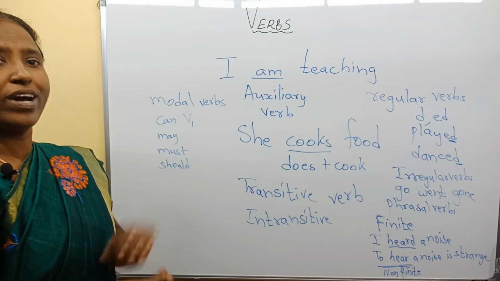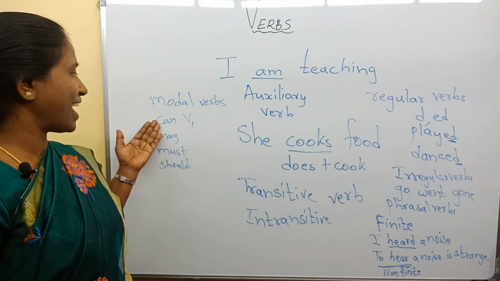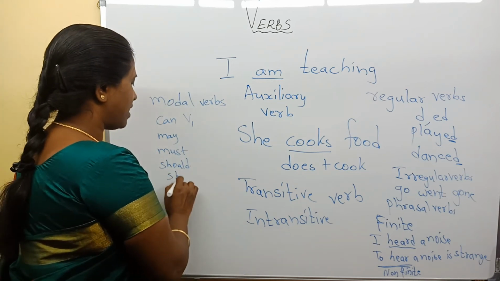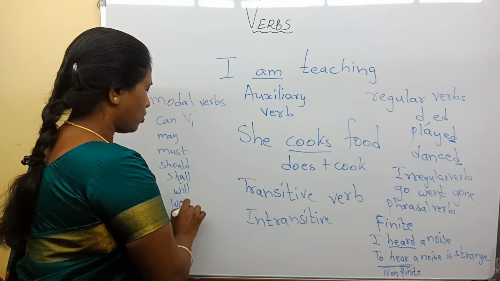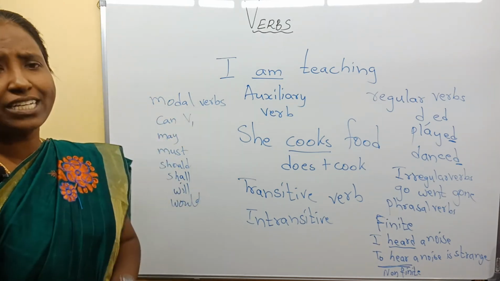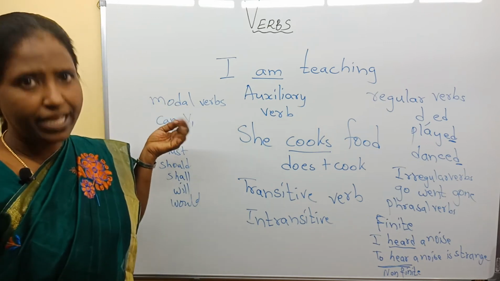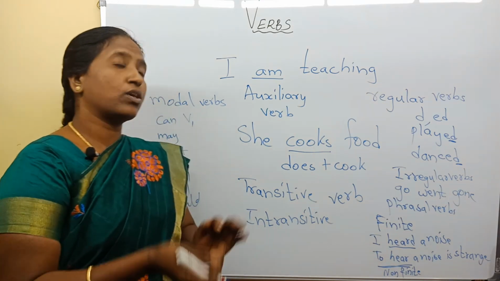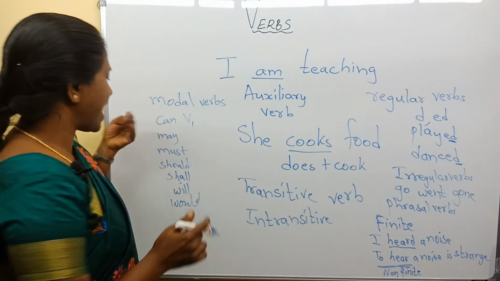Next, we have one more thing called the modal verb. Modal verbs are words like can, may, must, should, shall, will, would. The speciality of the modal verbs is that you use only V1 beside them. Can come. Suppose you want to change this into past tense, you make can into could.